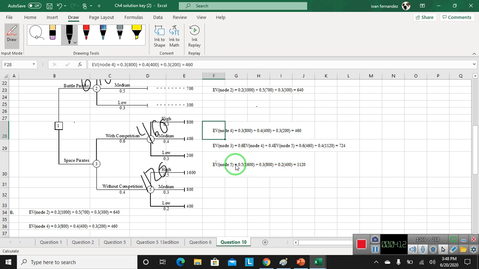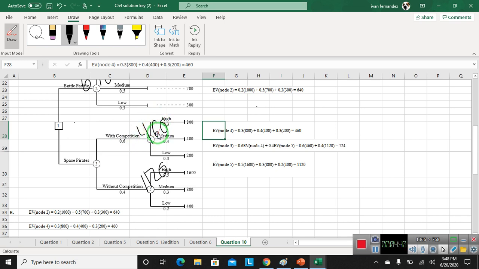Okay, good. Now, you're not done because you have to keep folding back. You're going from right to left until you get to the very beginning. So now this part is basically gone. You have a 460 here and a 1,120 here. You need to find the expected value at chance node number 3. You're going to do the same: multiply the probability times the expected value, which is 460.